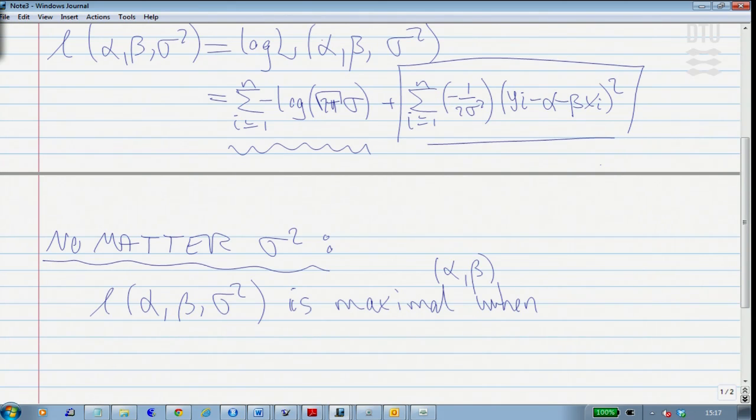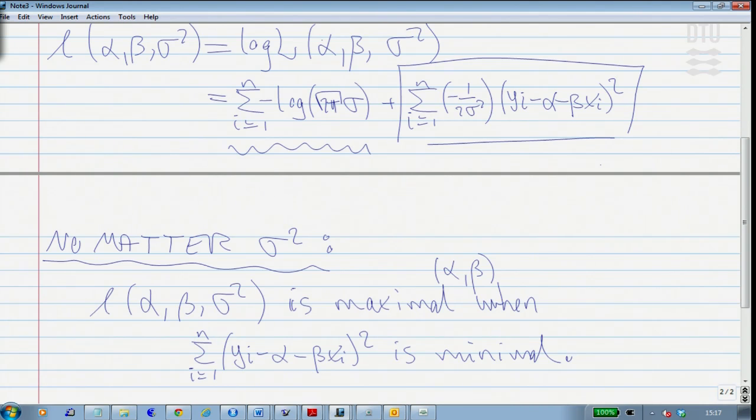And look at this term. The log likelihood function is maximized if the sum of yi minus alpha minus beta xi squared is minimal. And now we're done, because here we have the least squares criterion.